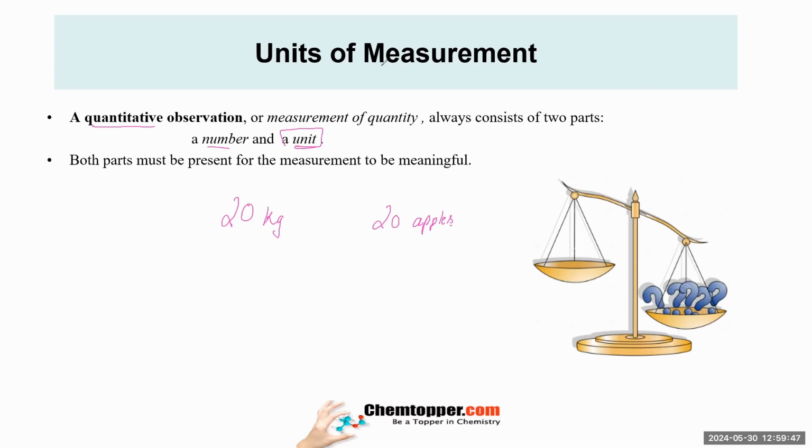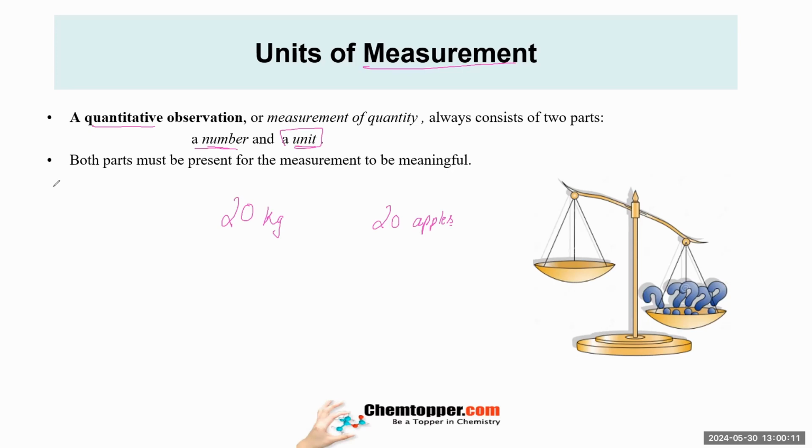So a measurement without a unit has no meaning. That is the reason you have to be very, very careful with units in your examination. Whenever you are writing a number, you have to ensure that you write the correct unit after the number.